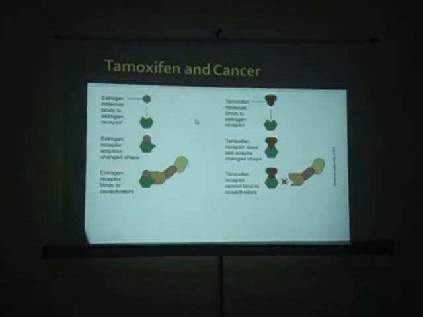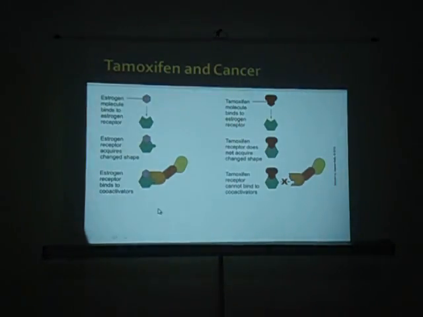Here you can see the estrogen molecule binding and activation of the co-activators. Once the tamoxifen is binding, what is happening? There is no relative change which should occur for the binding of these co-activators, so there is no binding of the co-activators, and downstream actions are not taking place.